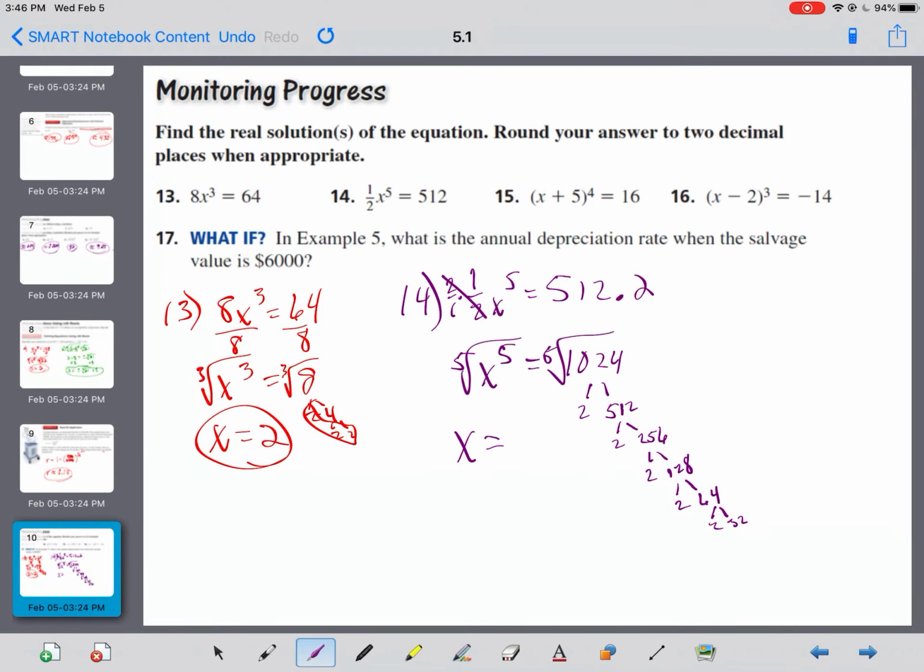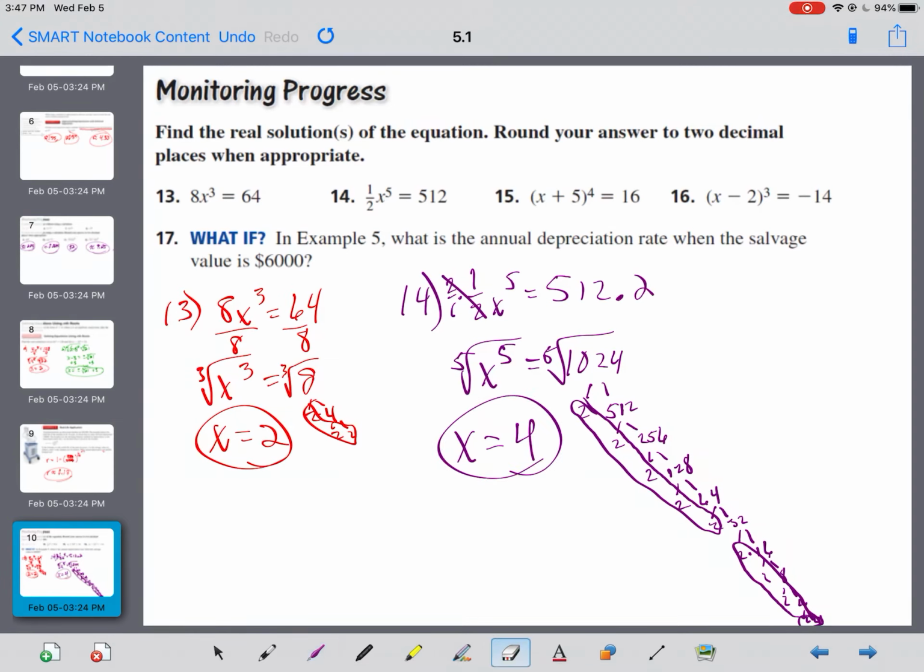Divided by 2 is 32. And 32 has 5 2's in it. So we need 1, 2, 3, 4, 5 2's. So 2 comes out. So not plus or minus because it's an odd root, but 4.